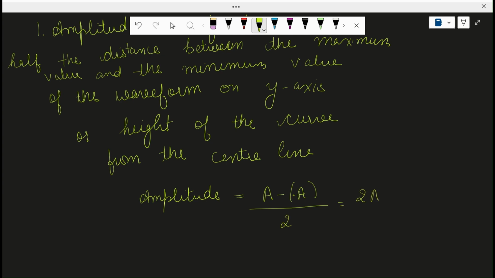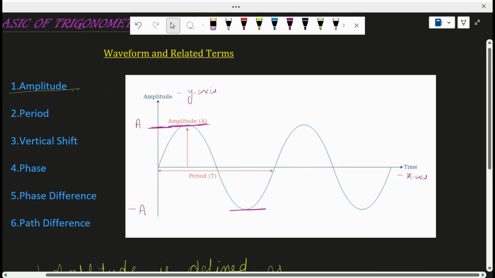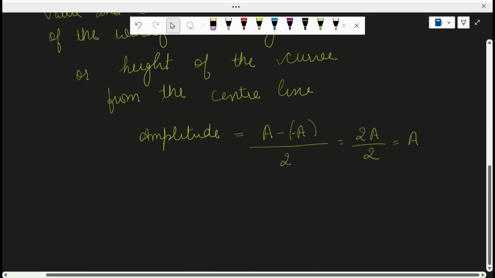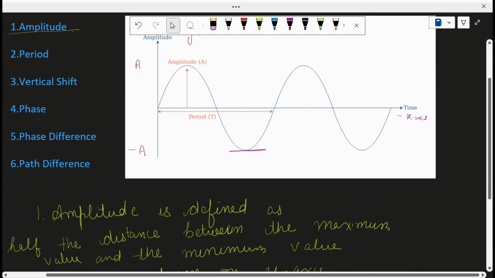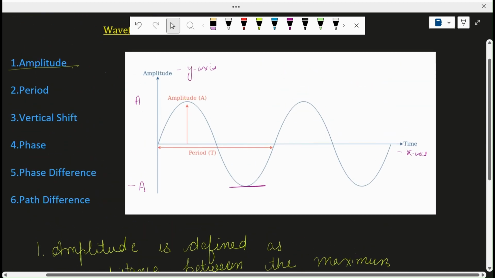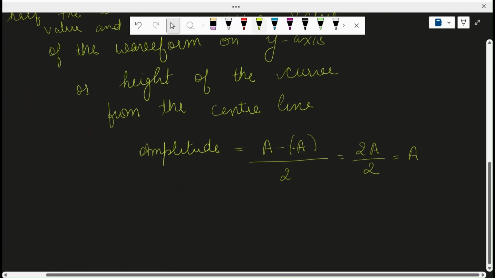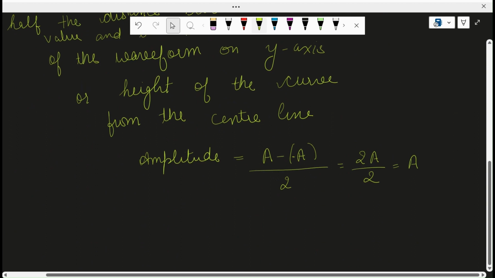So we have 2a by 2, which is equal to a, the amplitude. The second definition says it is the height of the curve from the central line. The x-axis is considered to be the central line. Okay, so this was our amplitude.